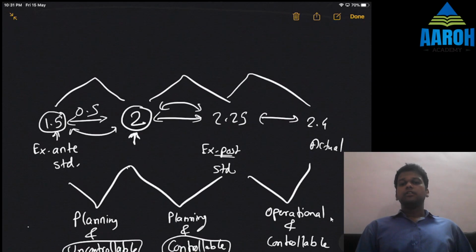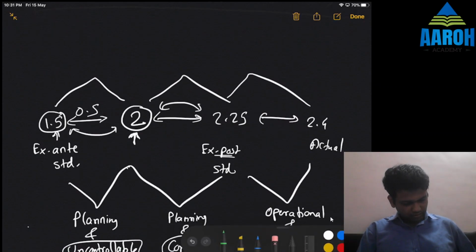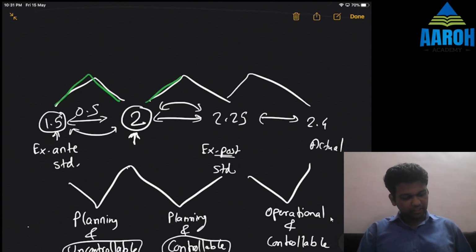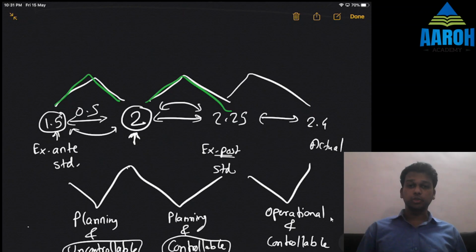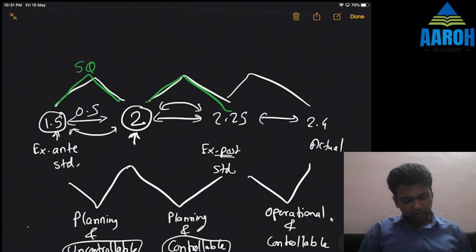Now understand, up to these 2 points, the difference between this and this is not the difference between standard and actual. This is the difference between the first standard and the second standard. That is, the ex ante standard and the ex post standard, right? So if we are comparing standard and standard, then we should not multiply by actual quantity. We should multiply it by standard quantity only, because otherwise it will not be comparable.